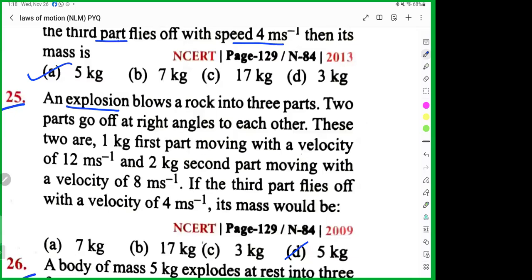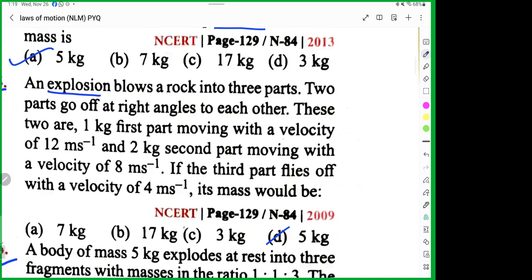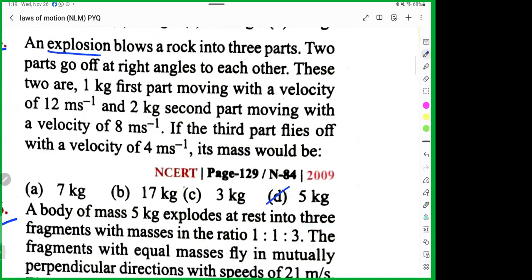Sir, 5 kg. Barinder and Radhika. Sir, 2 minutes.